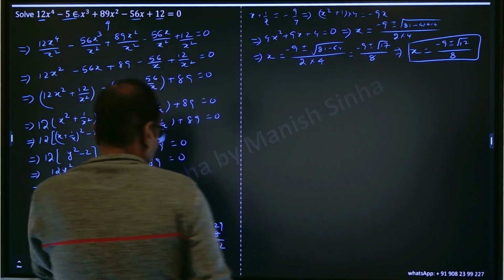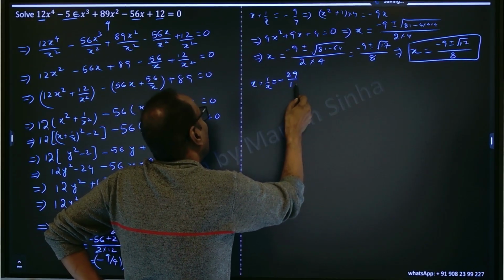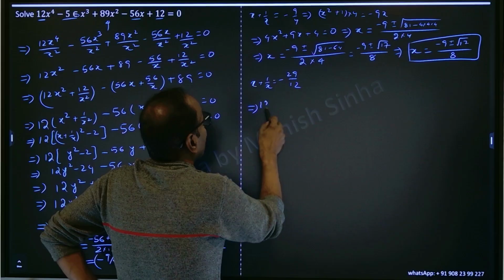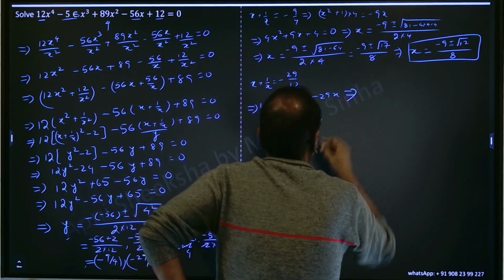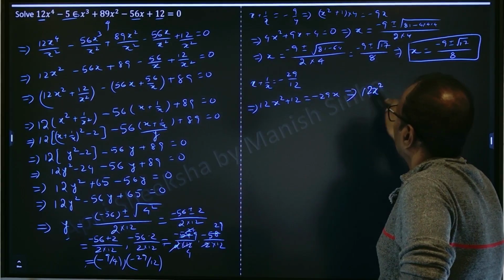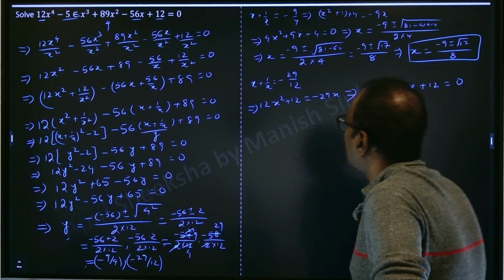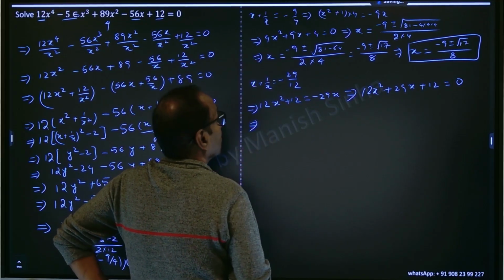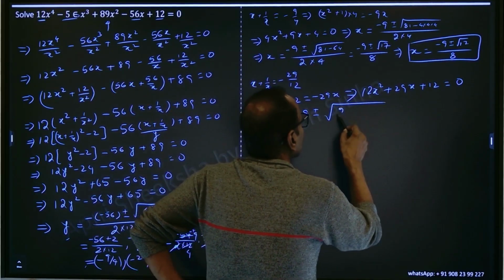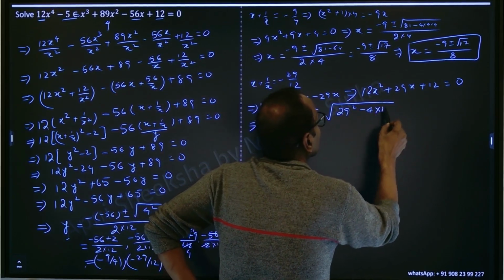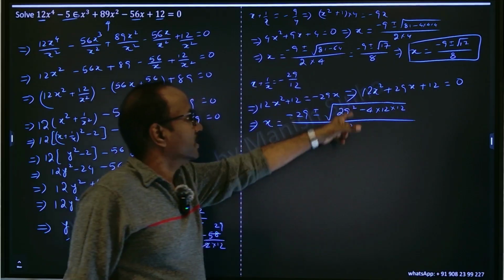Now we will try for the other one, minus 29 by 12. 12x square plus 12 minus 29x. Calculate for this 29 square.